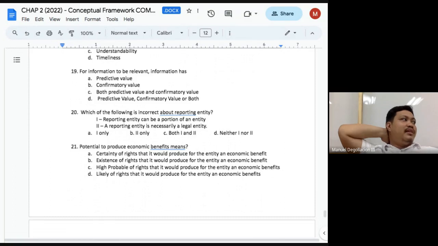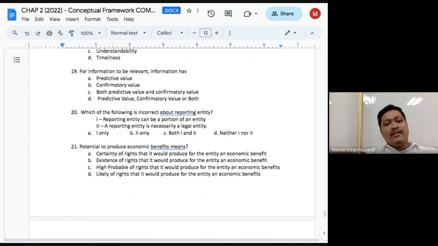But in most standards, class, the degree of probability required for an asset or liability to be recognized is that it must be probable. Likely is not enough, it must be probable. But it does not also have to be highly probable. Okay? Does it have to be certain? The answer is no. Again, I'm talking about the standards now.